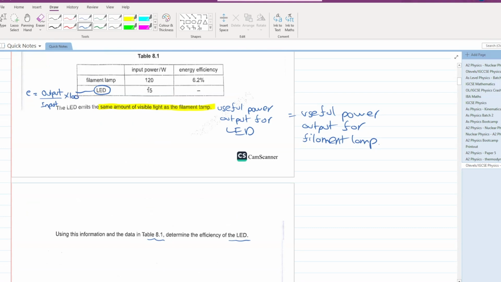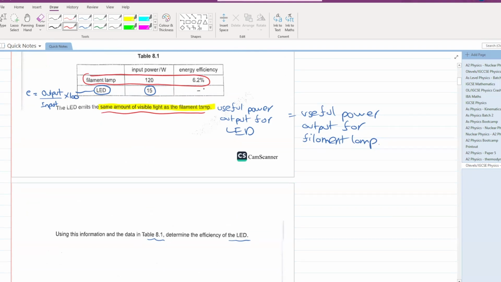Do we have the input power? Yes, 15. Do we have the output power? No. We can calculate that, by calculating the output power of the filament lamp. Since this statement tells us that both the powers will be the same, we can utilize the same output power for the LED.